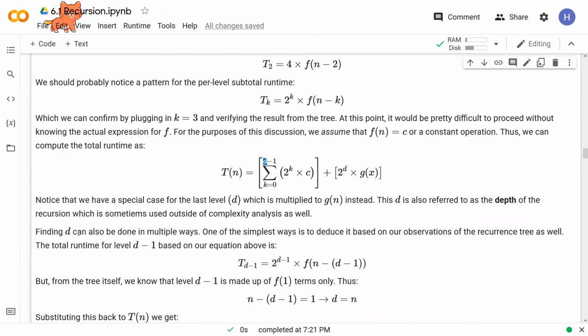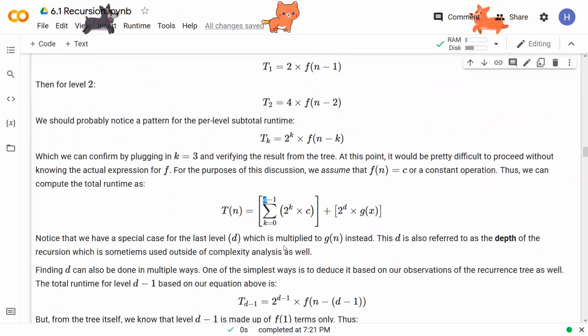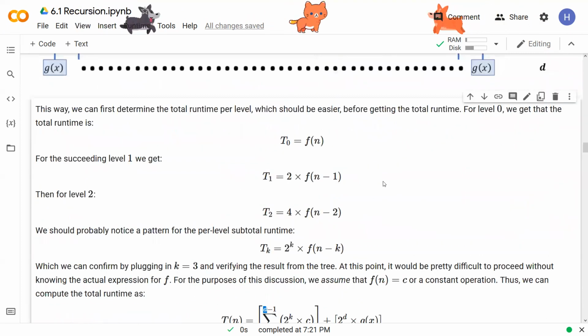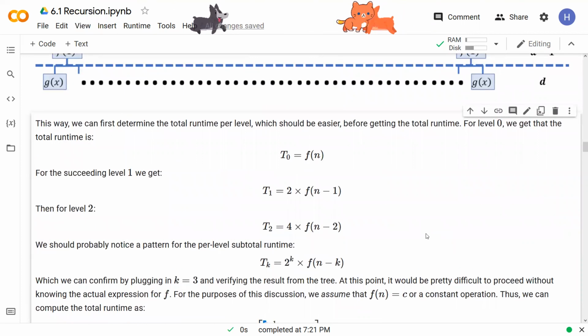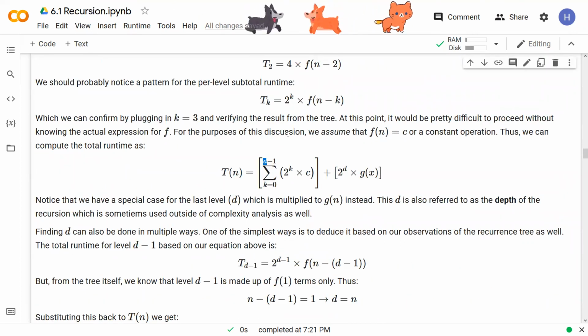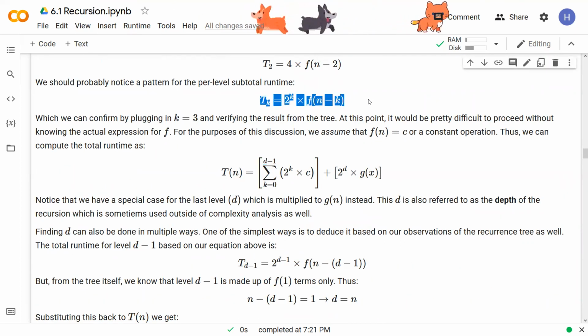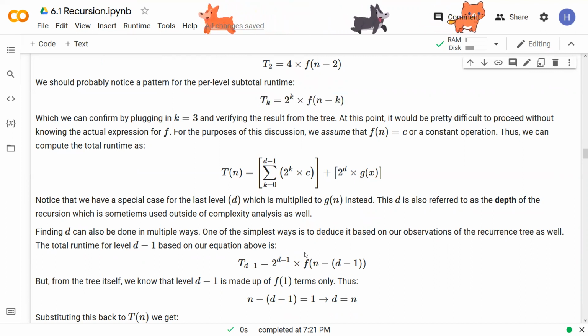So ito, finding D can be done in multiple ways. So one of the simplest ways is to deduce it based on our observation of the recurrence tree. So for example, at D minus 1, you can say na based dito, pag sinubstitute natin, it's 2 to the D minus 1 times f of n minus D minus 1.